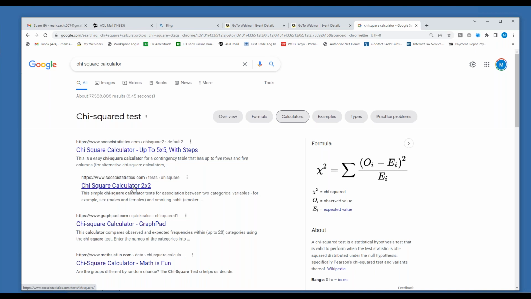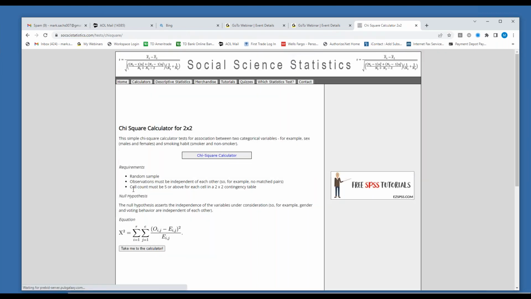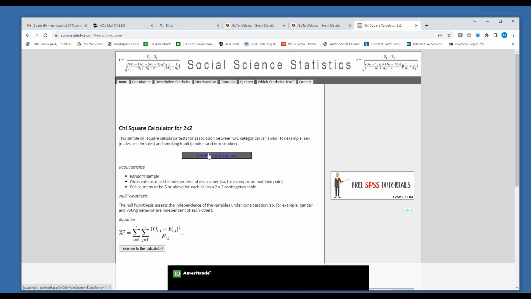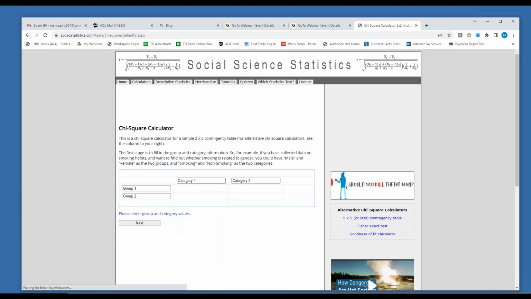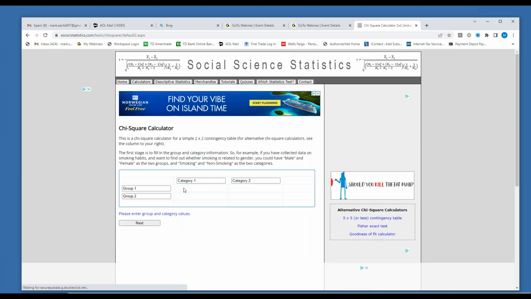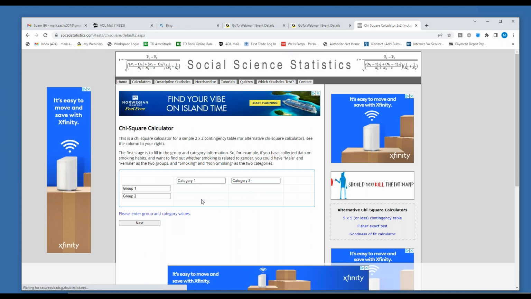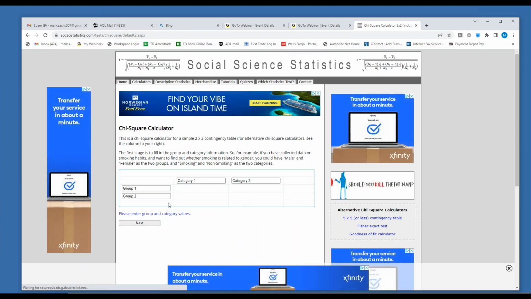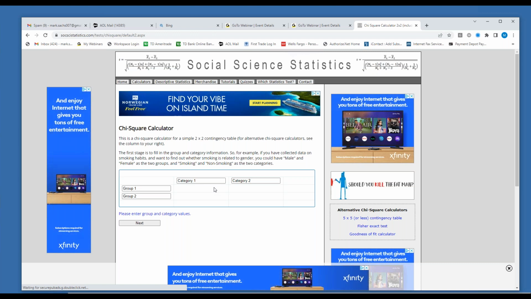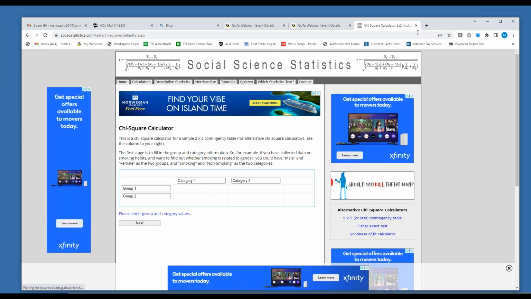You just want a 2x2. And you just put your data in here, here, here, and here. And it's going to tell you whether or not you've got statistically significant data.